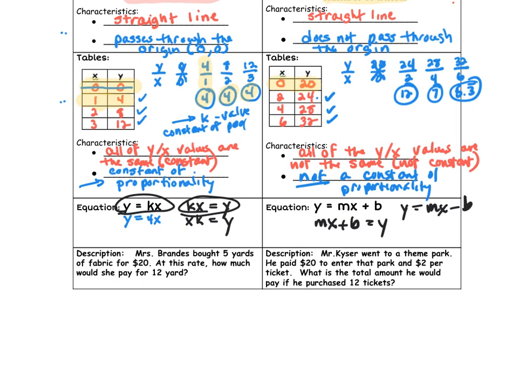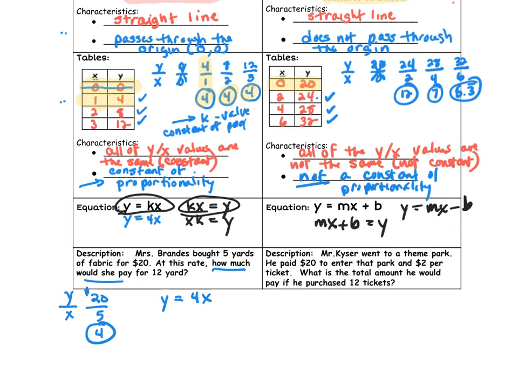However, oftentimes we want to know what the constant of proportionality is. So from our lesson 2 weeks ago, we would take the money, which is our y value, and divide it by the yards, our x value, and we would indeed get our constant of proportionality. And then we could use this equation, y equals 4x, and this is how it's related.